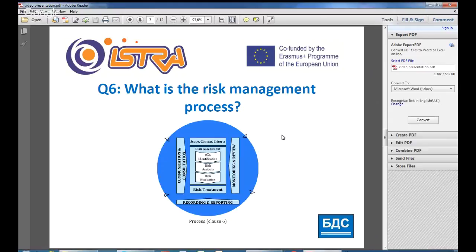Risk management process and its outcomes are traceable via recording. Recording and reporting provides foundation for improvement to the process and framework, to methods and tools, and to the way the process is applied and risks are controlled.